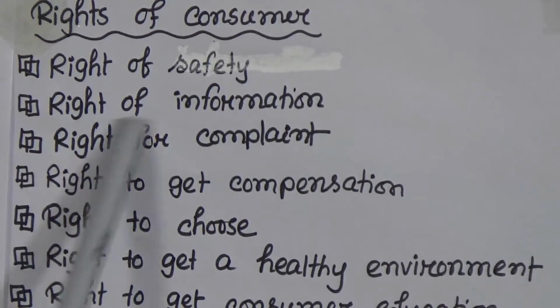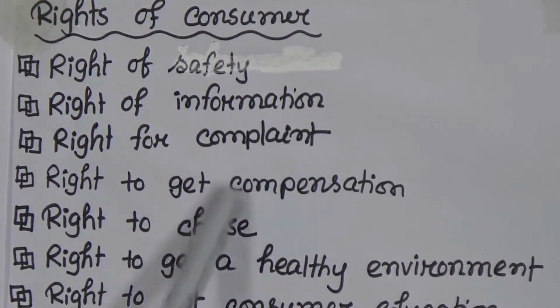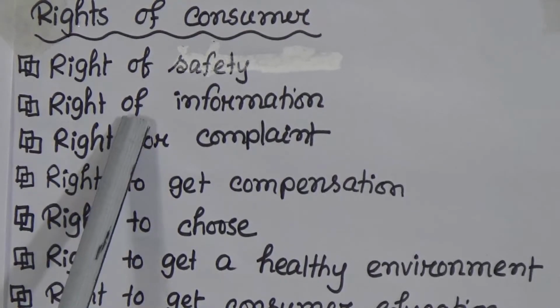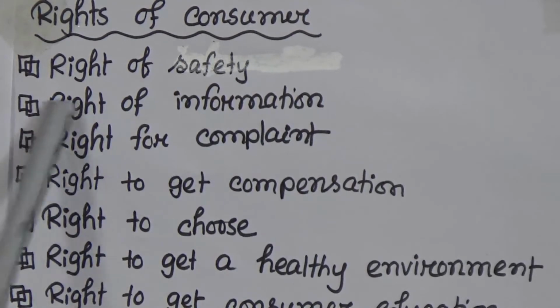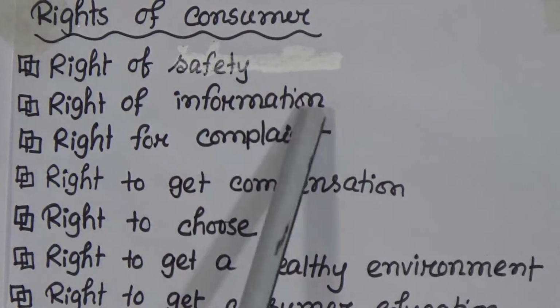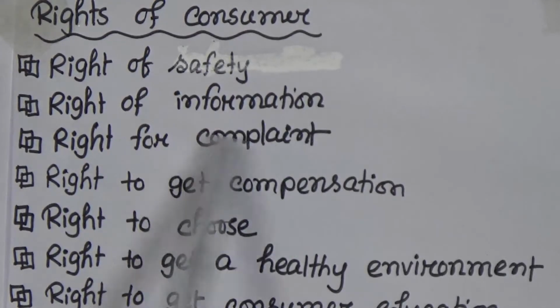Now the next one is the right of information. A consumer must have the right of information. That means before buying anything, he must have the minimum information about that product or that thing.